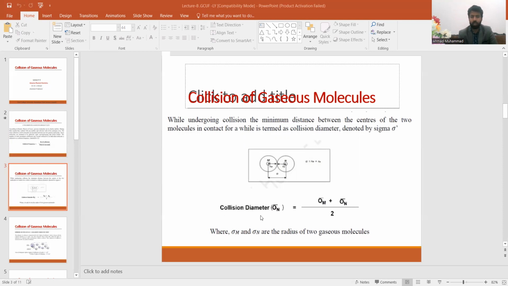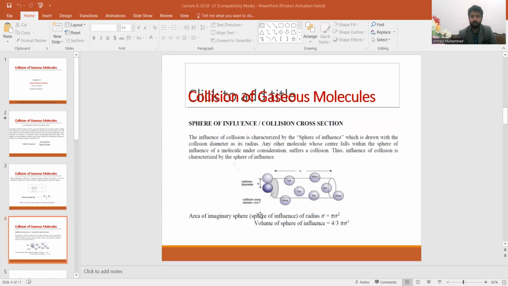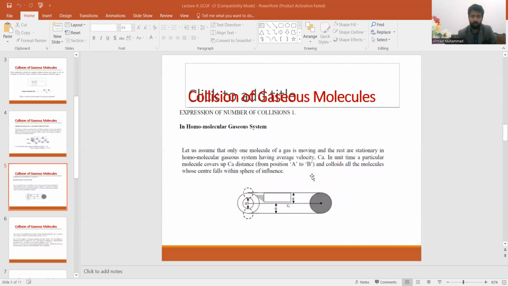Further, the sphere of influence or collision cross section is equal to pi sigma square. And the volume of the sphere of influence is equal to 4 by 3 pi sigma cube.